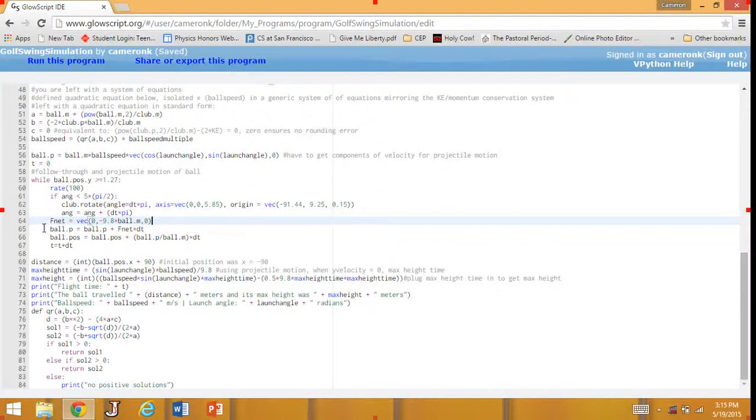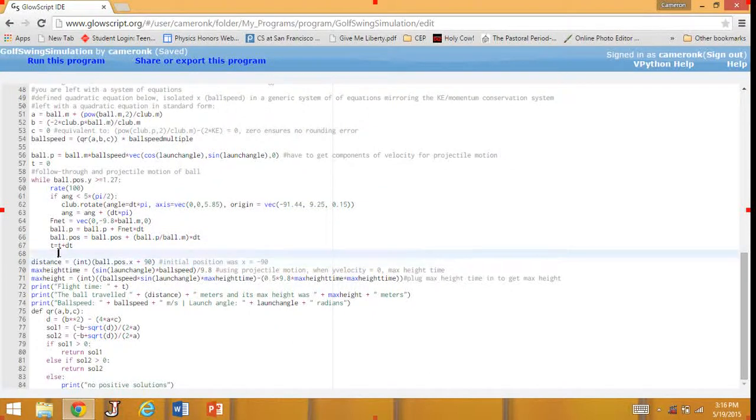Thus, the momentum of the ball is going to be the current momentum of the ball plus the net force times delta time. And then the position of the ball is going to be the current position plus the momentum divided by the mass times delta time. And then I'm updating time.